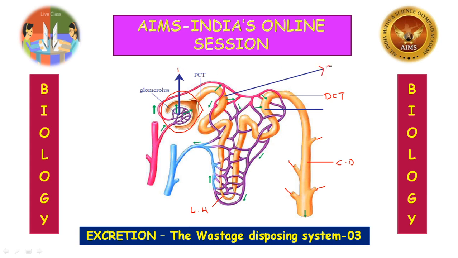The second step is tubular reabsorption, and the third step is tubular secretion. Okay, are you ready, children? Let us go and study the entire process of formation of urine in detail. Let us proceed.